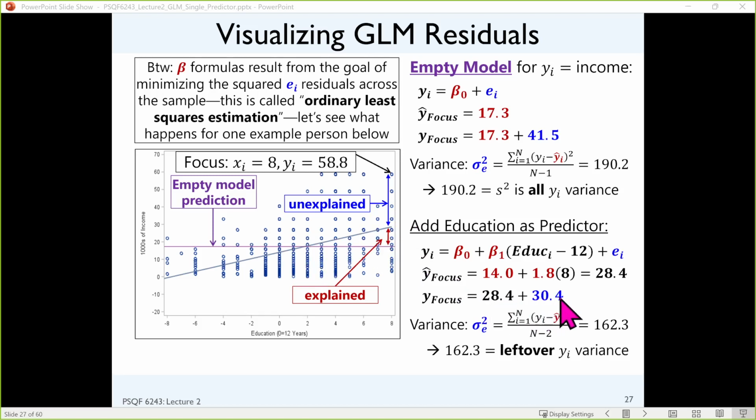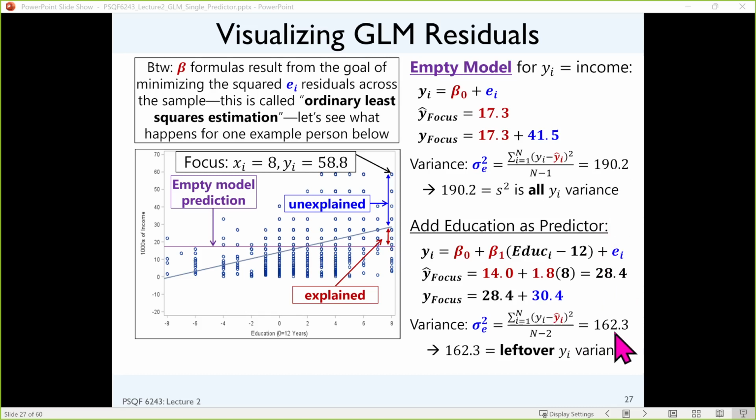I figure out what the E leftover residual part is. That's how far wrong the line is for that person. That's the idea of error, residual, leftover, discrepancy, all those words put together. Now I find that if I take all of the E's and calculate their variance, it's down to 162. So it used to be 190, now it's 162.